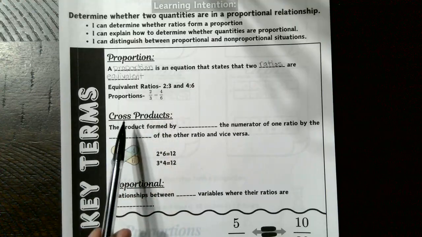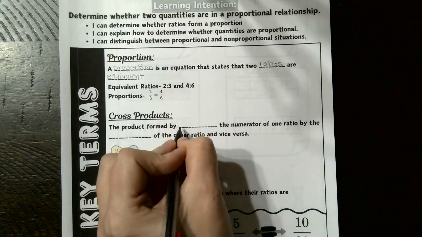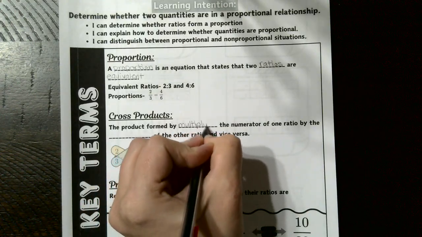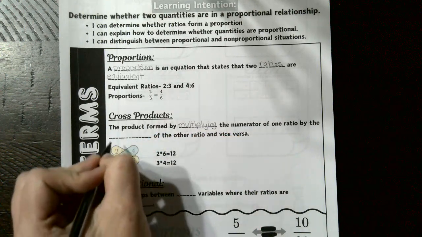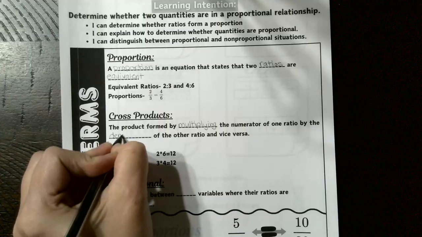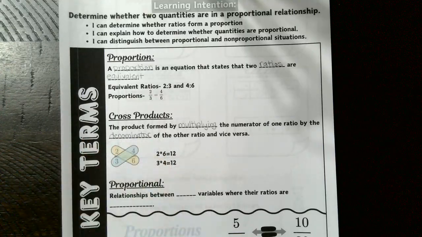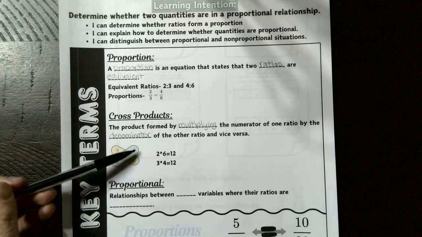Okay, so our next one is cross products. So the product formed by multiplying the numerator of one ratio by the denominator of the other ratio and vice versa. So here's my problem. I had 2/3 is equal to 4/6.